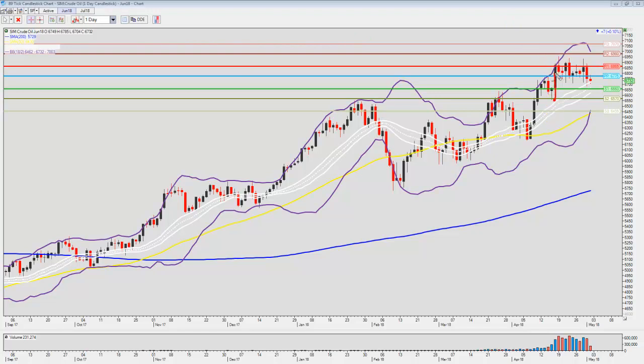We have this flag post right there, and then we have this. So this pattern could break this way. That's what the plateau being built, and then the break of that, I guess you call it a bear flag. That's what I would call it, or a pennant, bear pennant.